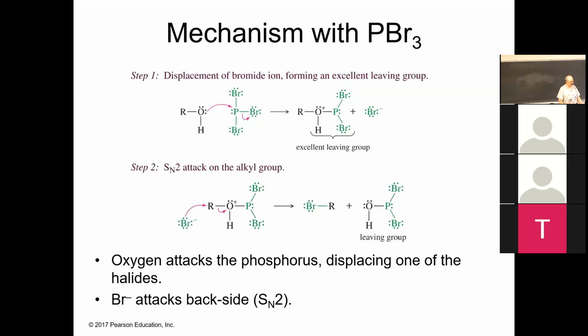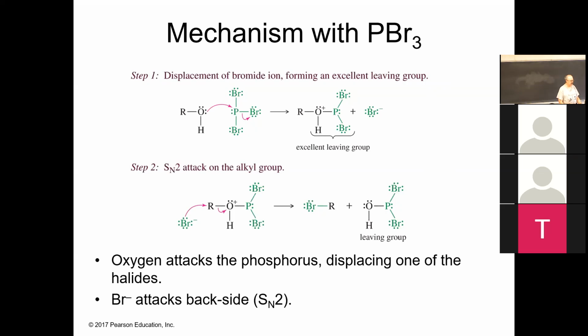Bromide then comes around to the backside and displaces this leaving group. This is an excellent leaving group, so this occurs very readily. And because Br minus attacks from the backside, we would get inversion of configuration if the leaving group were on a chiral center.